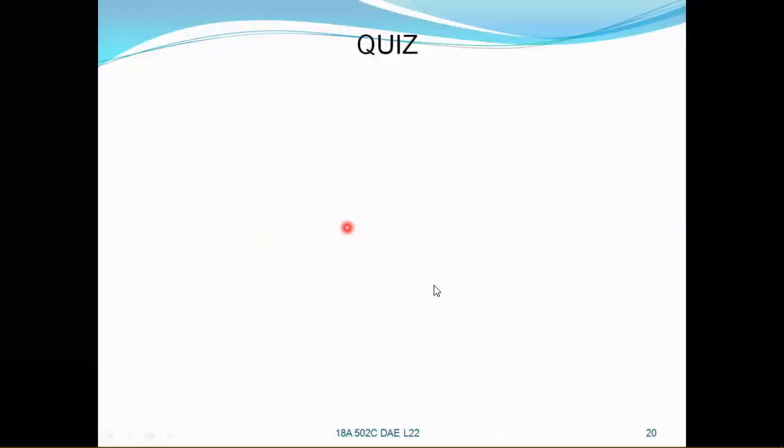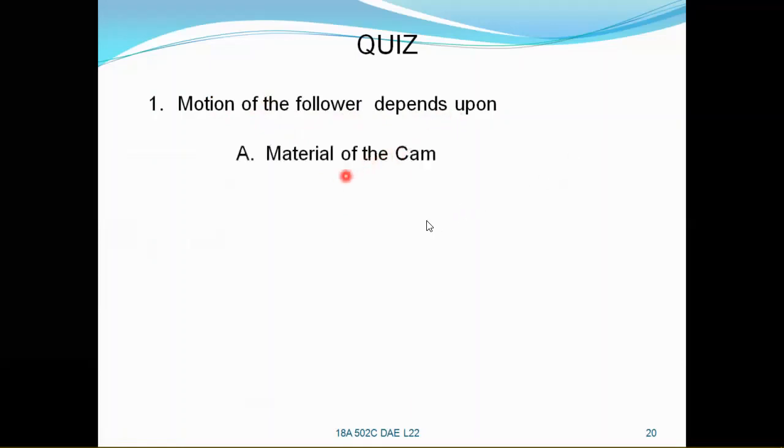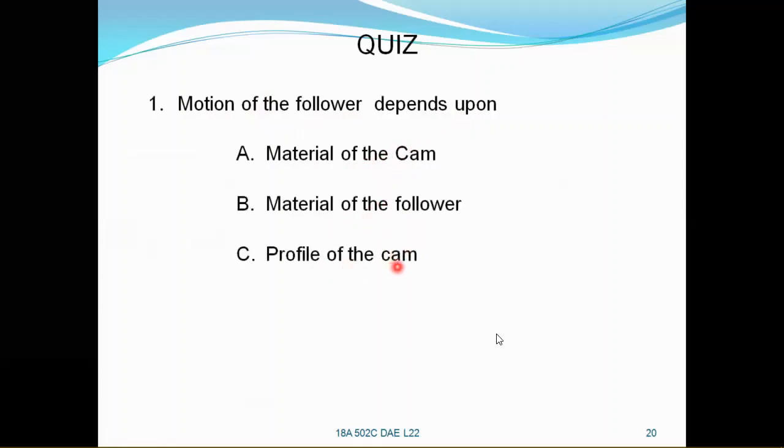And now let us have a small quiz. Motion of the follower depends upon: material of the cam, material of the follower, profile of the cam, none of the above.